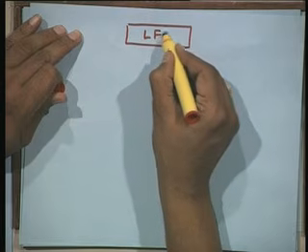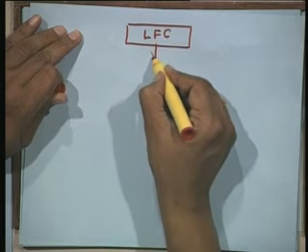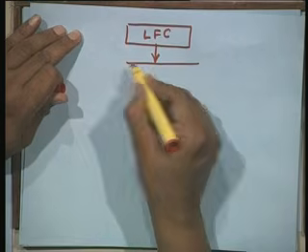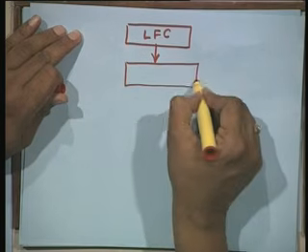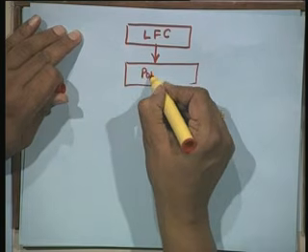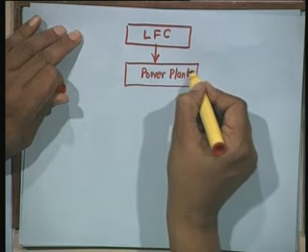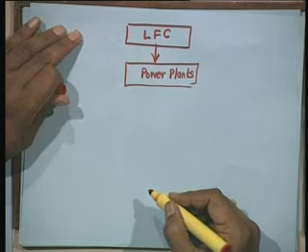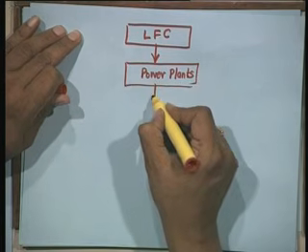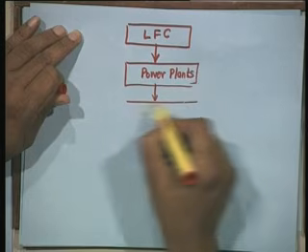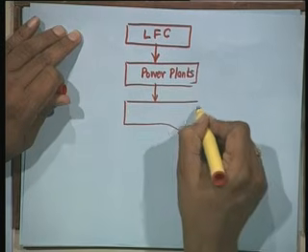Once load forecasting is known, then you should know what power plants you have which are going to supply this particular load. Then out of these power plants, each power plant has a certain number of units.